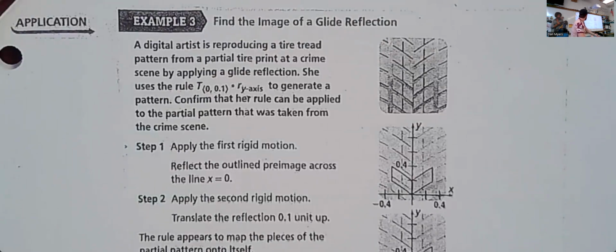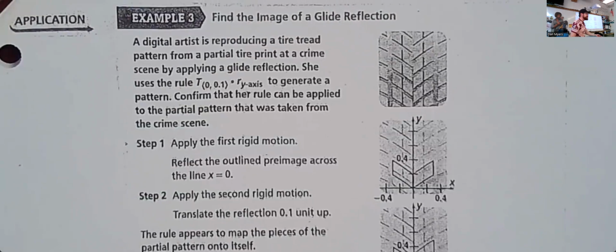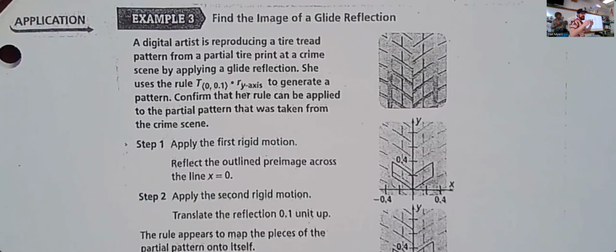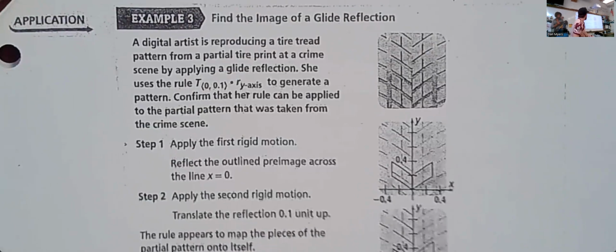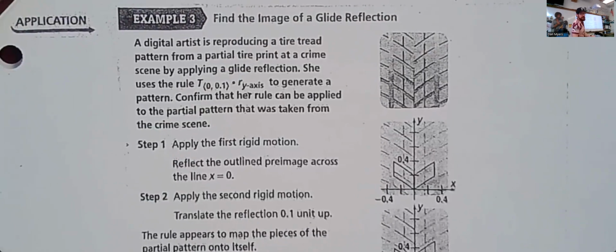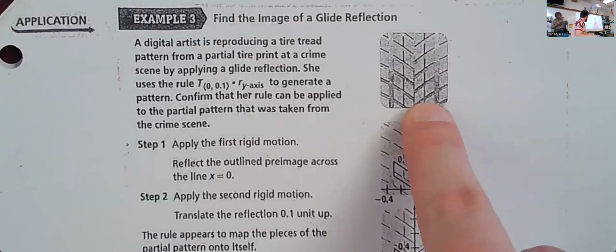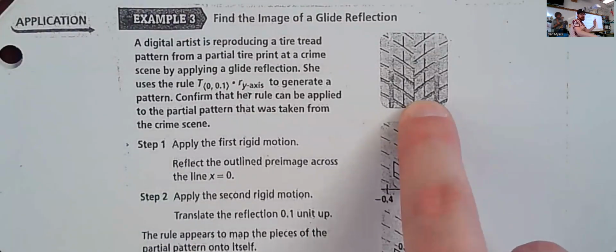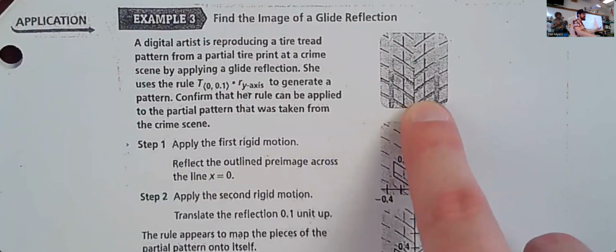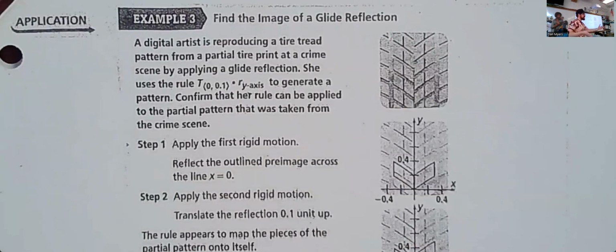So basically, something that happens in law enforcement is these people who investigate crime scenes, they are called crime scene investigators, kind of like the CSI shows. I mean, obviously it's not the same because that's very dramatic, but if somebody was involved in a hit and run and they couldn't find the car that did it, and there were tire tracks or imprints at the scene, you could take an imprint, figure out the pattern of the tire, and then digitally reproduce it to figure out who made the tire, how wide the tire is, what kind of cars it fits on.